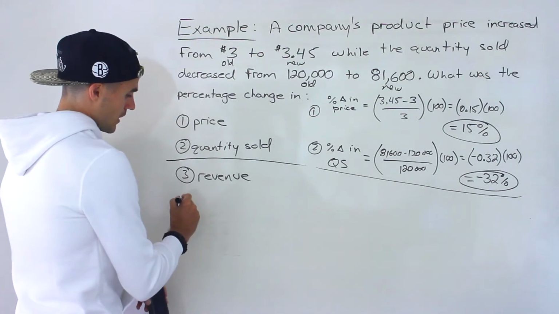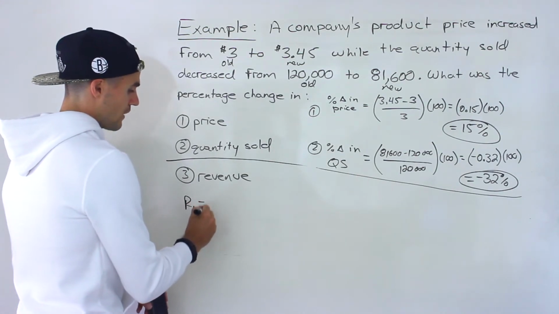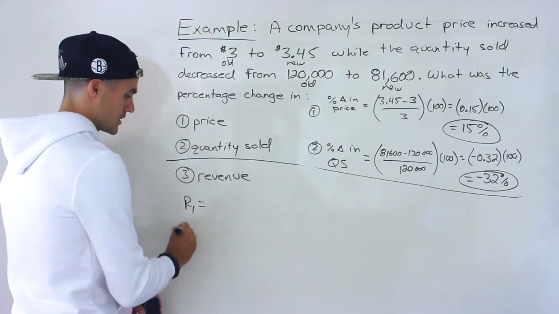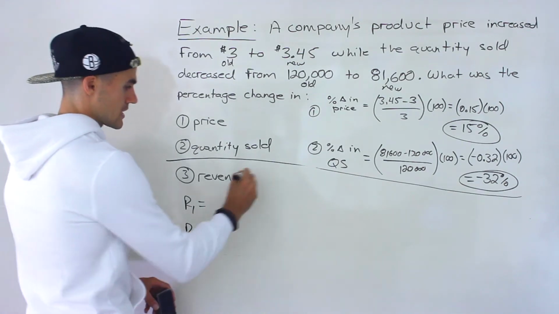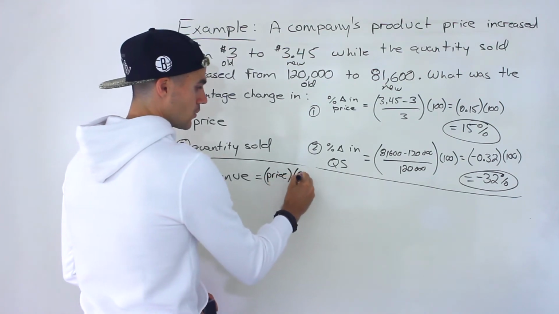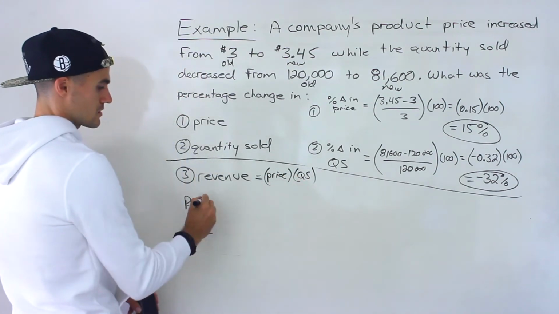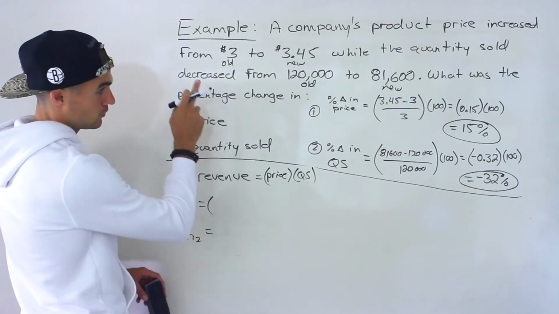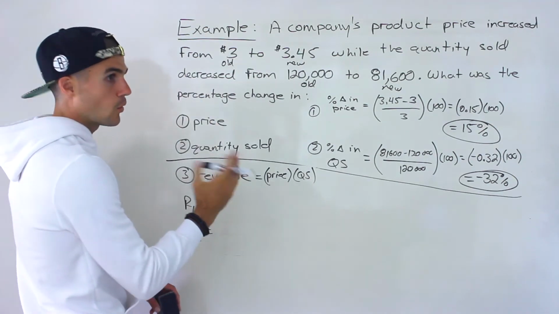The most common way, the first way I'm going to show you, is to find what the actual old revenue is and then what the new revenue is. Now revenue, if you remember, it's basically price per unit times the quantity sold, the number of units. So what's the initial revenue? Well, we would take the old price multiplied by the old quantity sold.